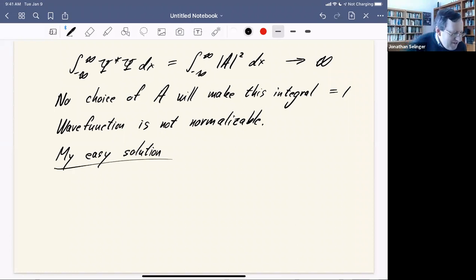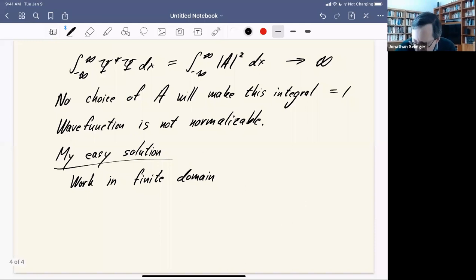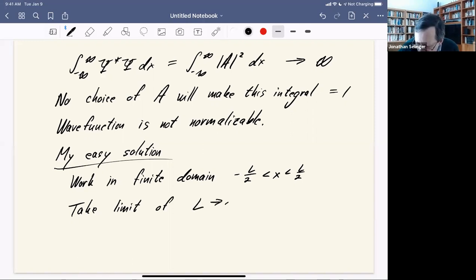My easy solution is to say, let's work in a finite domain. That is, say, for x goes from minus L over 2 to L over 2. And then take the limit of L goes to infinity at the end of the calculation.